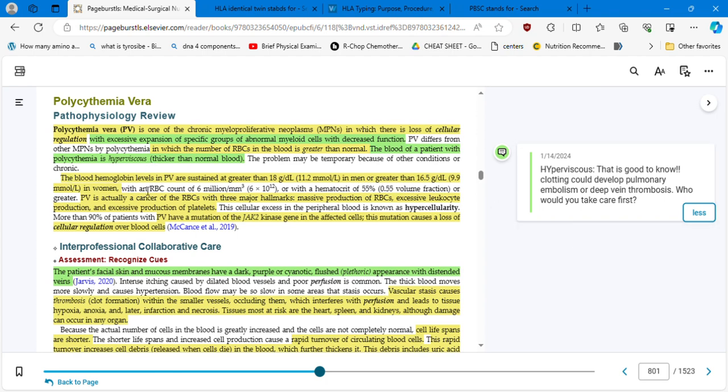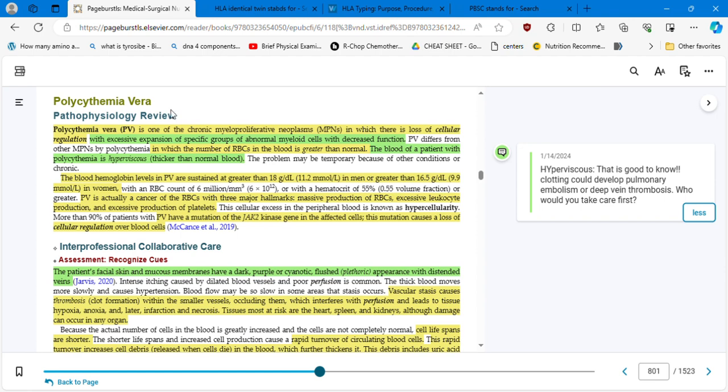The blood hemoglobin levels in polycythemia vera are sustained at greater than 18 g/dL in men or greater than 16.5 in women. It's usually a cancer of the RBCs with three major hallmarks: a massive production of RBCs, excessive leukocyte production, and excessive production of platelets.